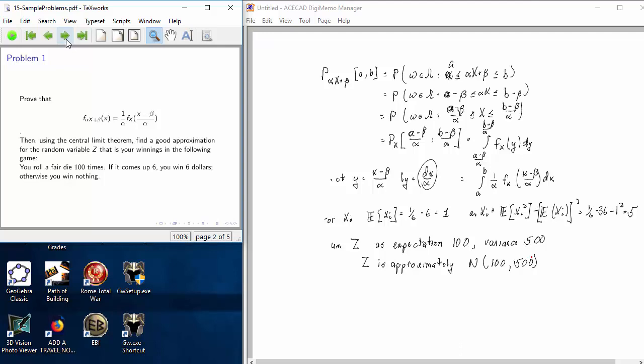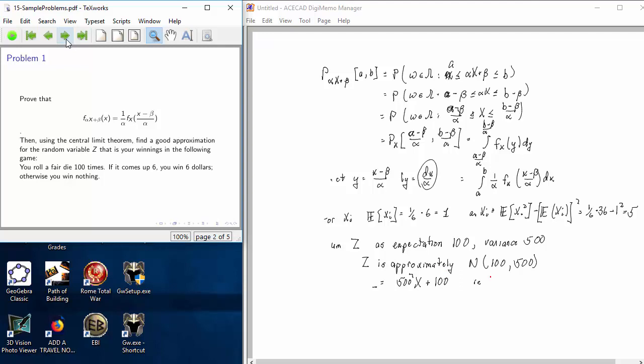How would we make this? Well, in order to multiply the variance by 500, we'd have to take a standard normal random variable and multiply it by the square root of 500, and then we would have to add on 100 to that to change the expectation from 0 to 100.